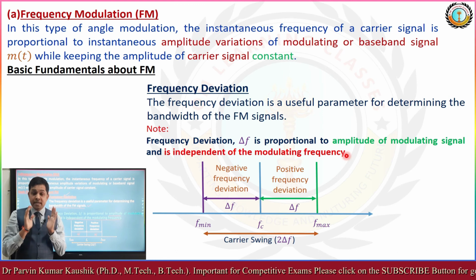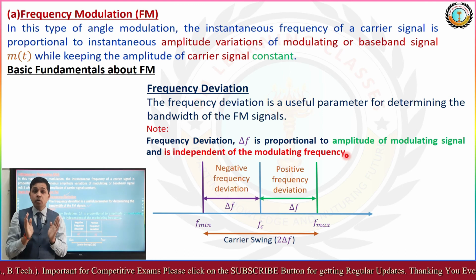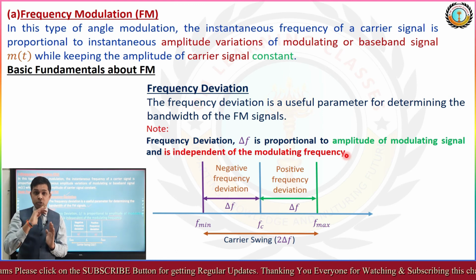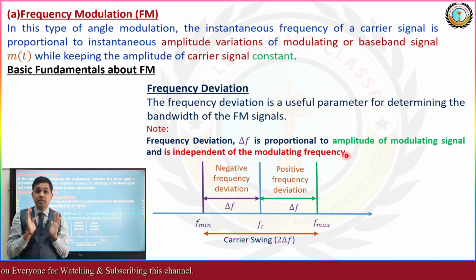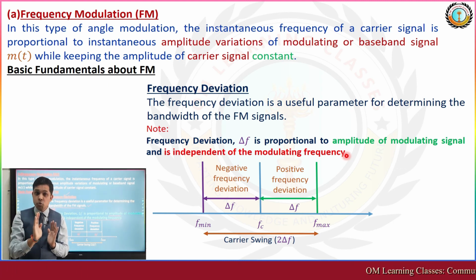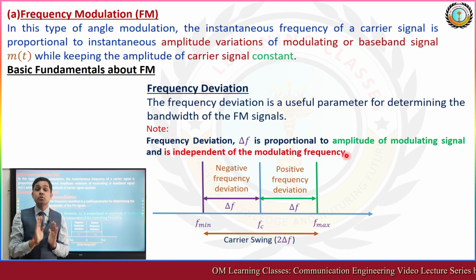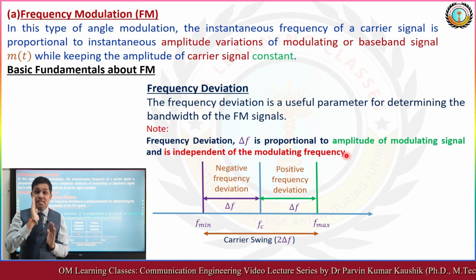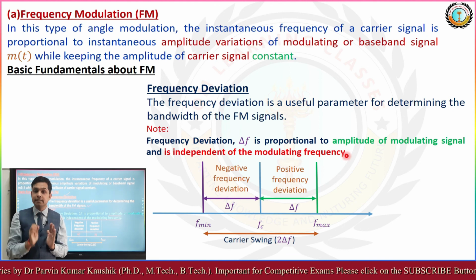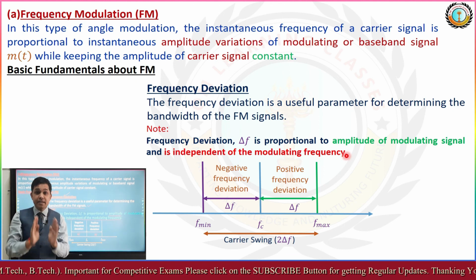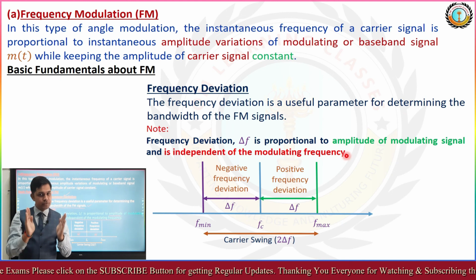It is very important. Why? Because when we consider frequency modulation, we can take the interpretation in terms of frequency, but in actual, the delta f is corresponding to the instantaneous amplitude variation of the modulating signal, and it is independent of the modulating frequency.